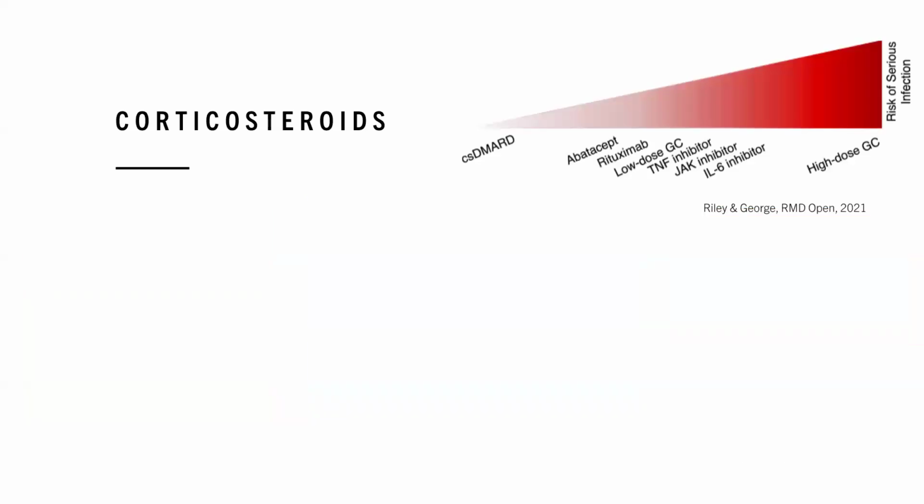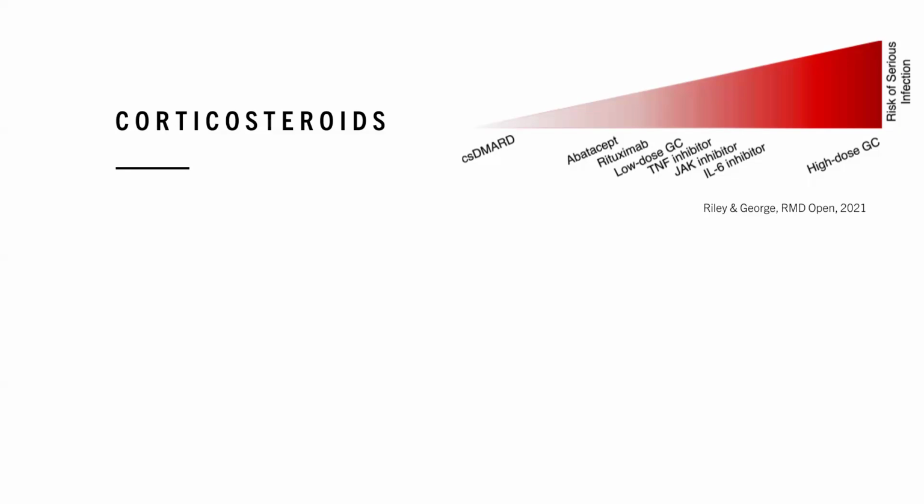I find this image quite useful because it gives you an idea as to how high the risk of infection can be when you use a glucocorticoid. If you look at conventional DMARDs on the left in this image, and other drugs like tocilizumab, an IL-6 inhibitor, or a TNF inhibitor like infliximab, those are sitting kind of in the middle, and round about the area where low dose glucocorticoids sit as well.